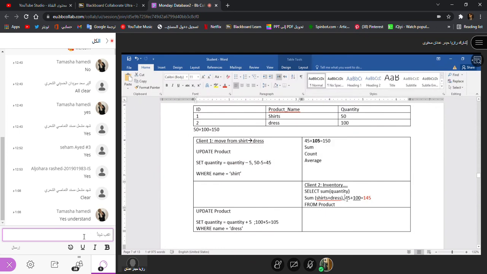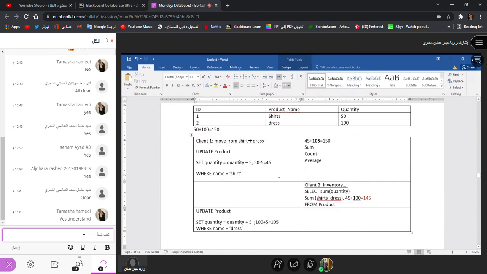So I took 45 for the shirts and the 100 for the dress, which is still not updated. So this will become 145. And then we come back here and we update the product table for the dress. Okay, dress, and the quantity is 100. So I did 100 plus 5 is 105.